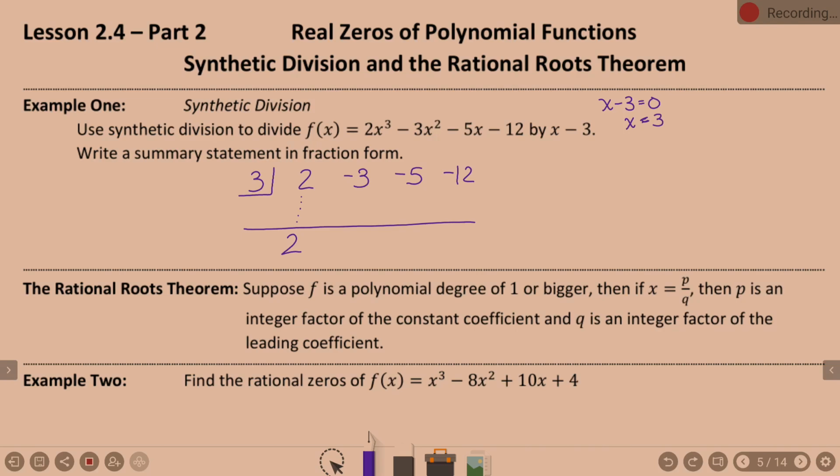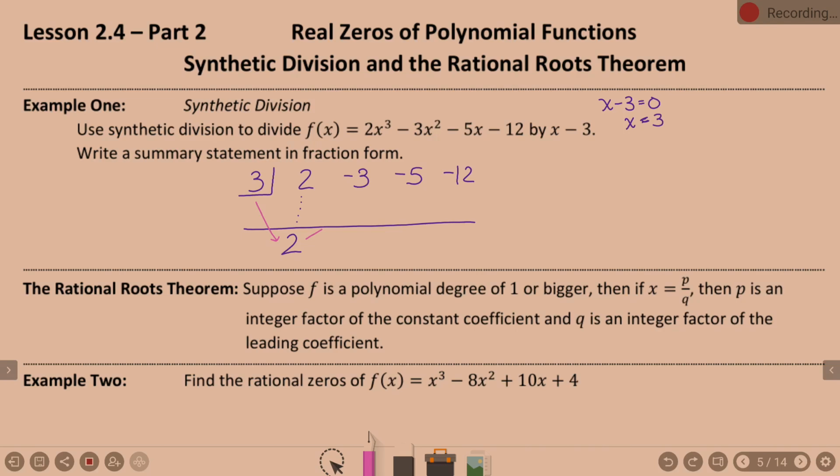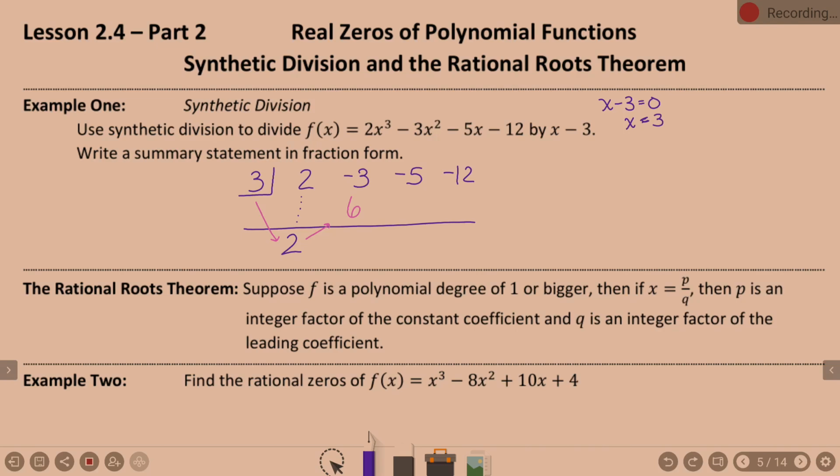And then we do a multiply step. We always start with the 3. You're always multiplying by 3. In this one, it's 3 times 2, which is 6, and that bounces up and goes under the negative 3. Then you add. We're going to bounce back and forth between multiply, add, multiply, add. So negative 3 plus 6 is 3. Then start over.